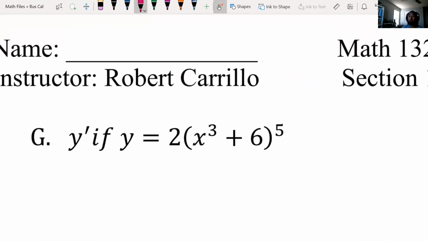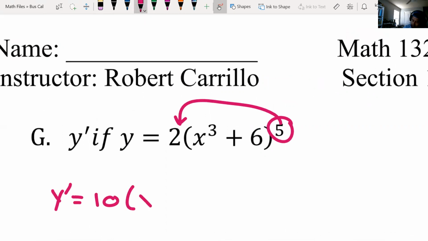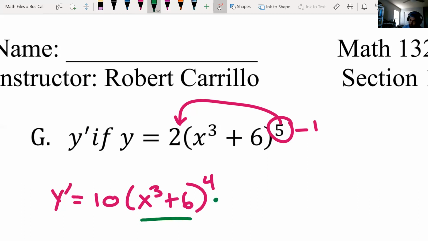So find the derivative if y equals 2 times x cubed plus 6 to the fifth. So y prime is equal to this 5 comes down, multiplies the 2. We get 10 times x cubed plus 6. You take that one away. So that's going to be to the fourth. Again, that's the derivative of the outside. Now we multiply it by the derivative of the inside, which is 3x squared.